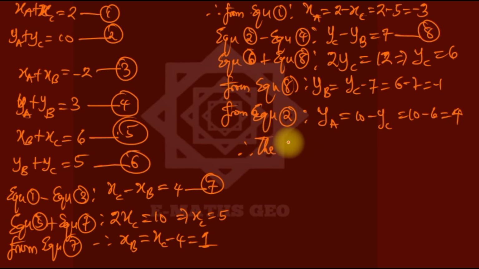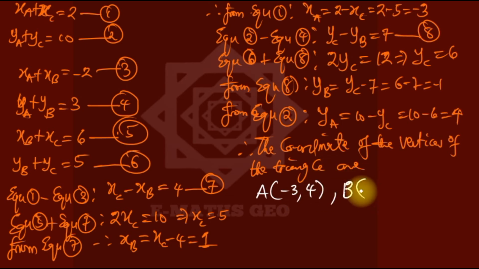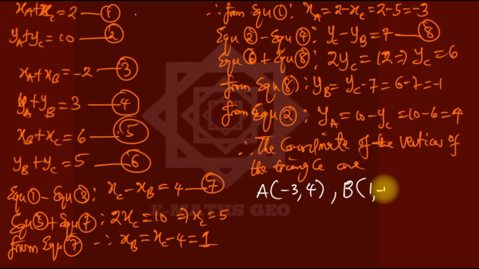Therefore, the coordinates of the vertices of the triangle are: for A, XA is -3 and YA is 4; B, XB is 1 and YB is -1; and finally, the coordinate of C is XC is 5, YC is 6.